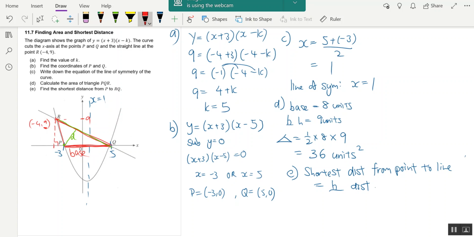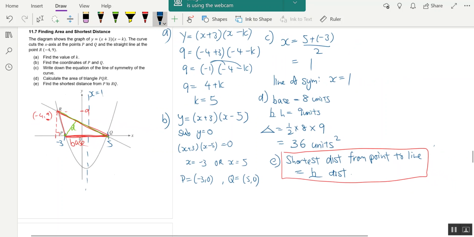So this is the concept. The shortest distance is the perpendicular distance. And most of the time, what do we use to find it? We use the concept of area of triangle. Now, area of triangle, for the red one, half times base times height, is the same as half times RQ.